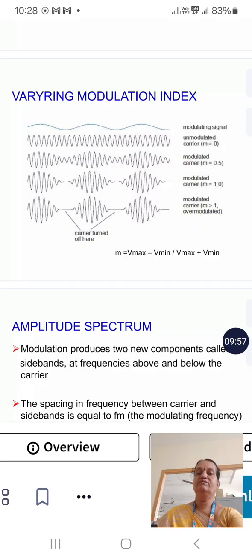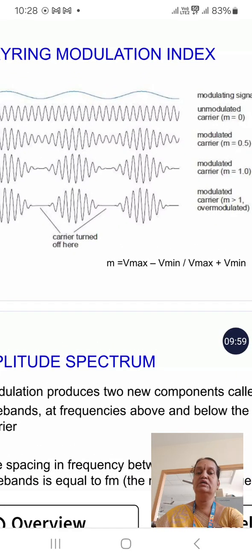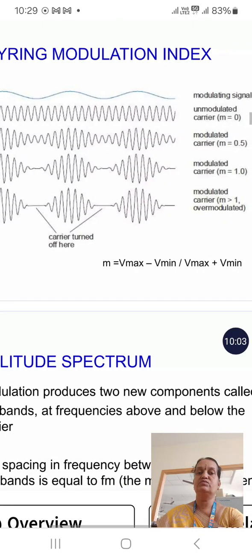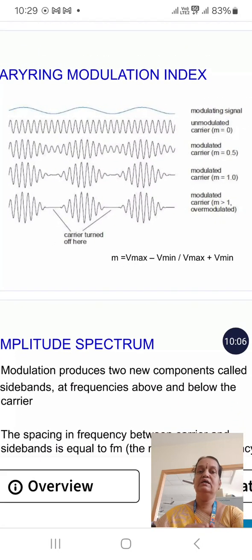You can see the waveforms for different modulation index values. The first one is the original information content, the modulating signal. The second is the unmodulated carrier, which has a high frequency compared with the modulating signal. The third is the amplitude modulated waveform, where the carrier amplitude is varied in accordance with the instantaneous value of the modulating signal.